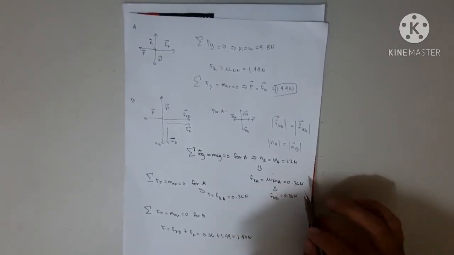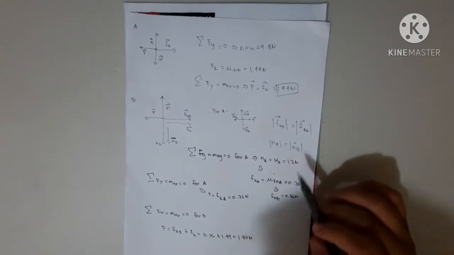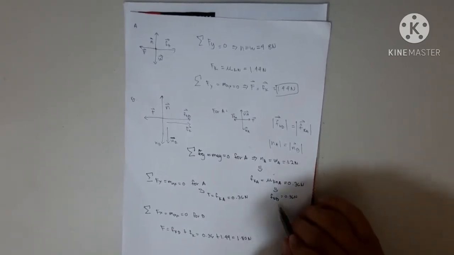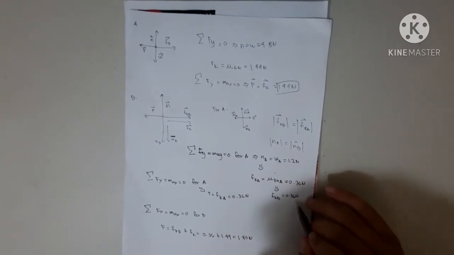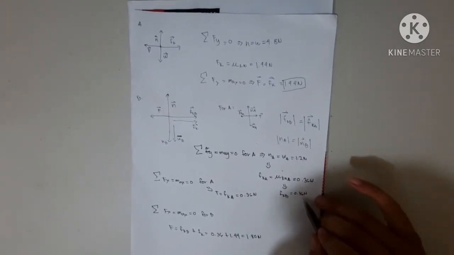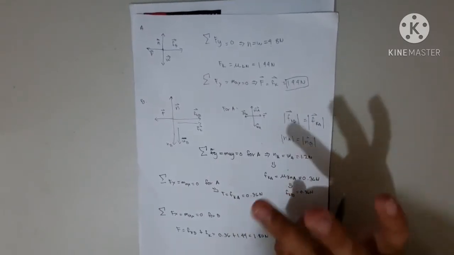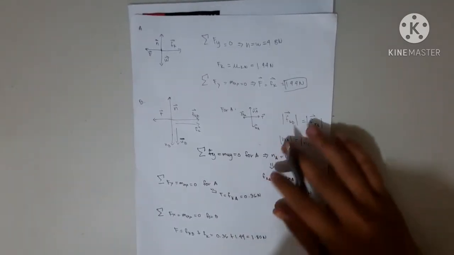For that friction, again, this implies that FKB is equal to 0.36 newtons, since they form a Newton's third law pair.